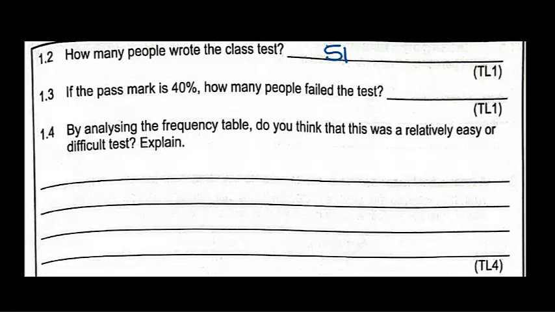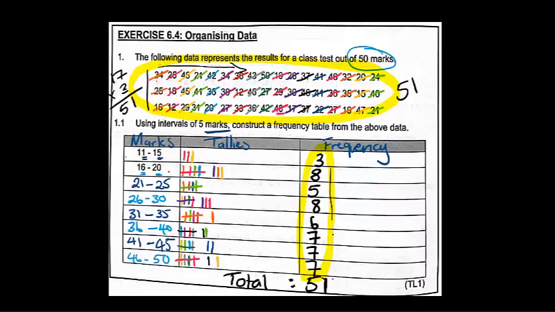Now the next question says, if the pass mark is 40%, how many people failed the test? Now before we can answer this, notice that this is not in percentages, right? So what we are looking for is 40%.